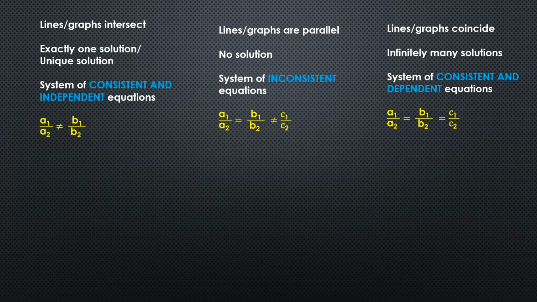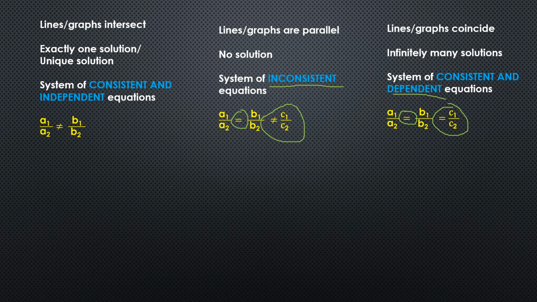If comparing a sub 1 over a sub 2 to b sub 1 over b sub 2 results in equal, you still have to compare the answer to your c sub 1 over c sub 2. Because whether they are equal or not equal will determine if the system is inconsistent or consistent and dependent.